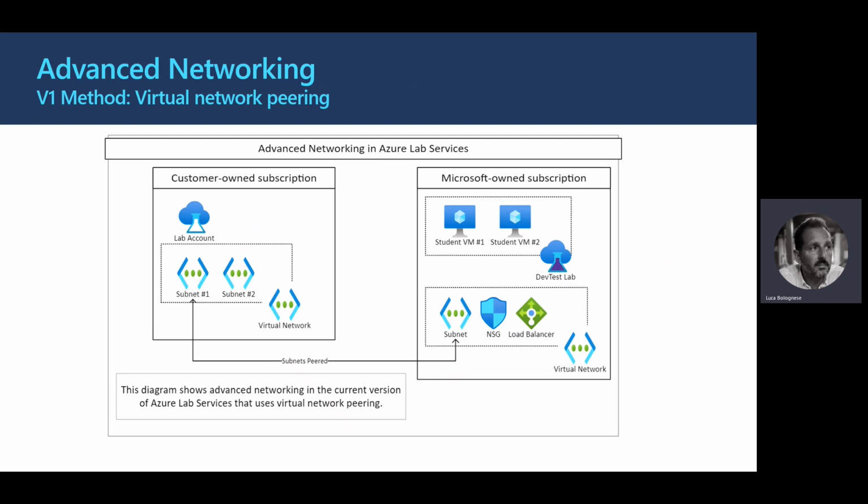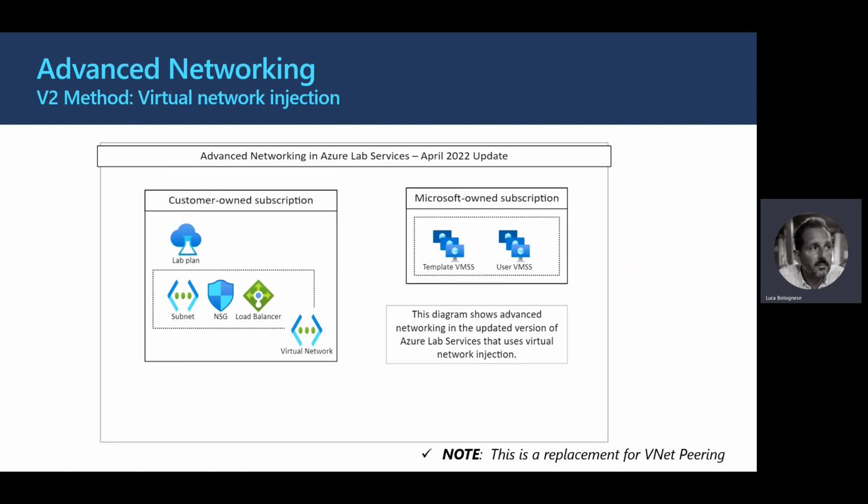And this is why in V2, in the April update, we have created this new advanced networking feature. And in this new world, you can decide to have the network-related resources related to your lab plans live inside your own subnet, a subnet that you create. So the load balancer, it's all created in your own subnet that you provide.